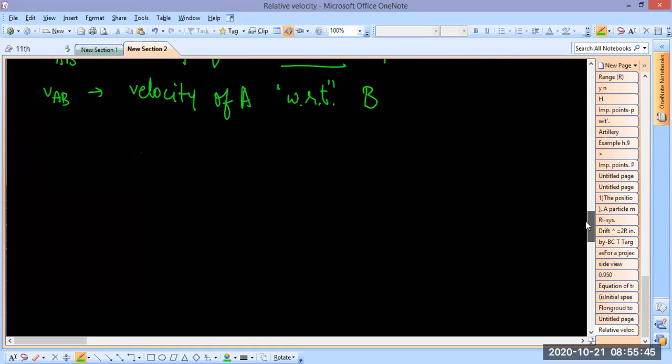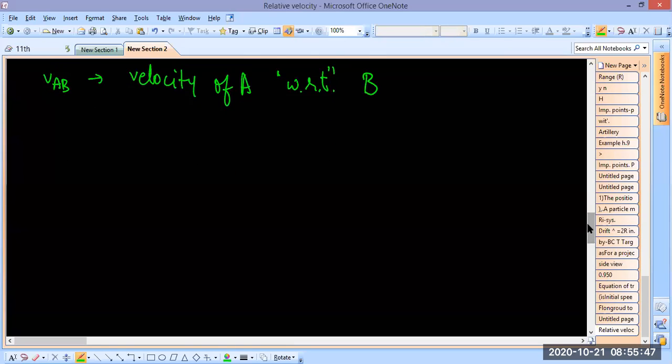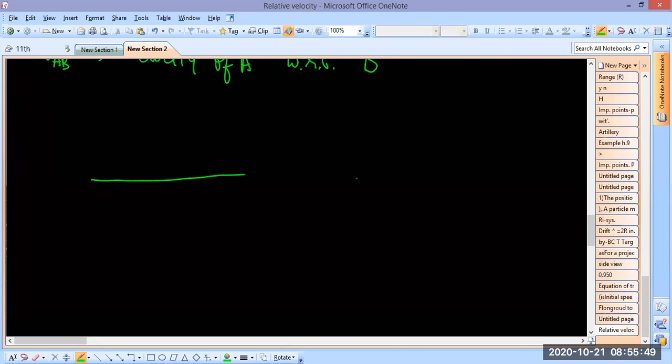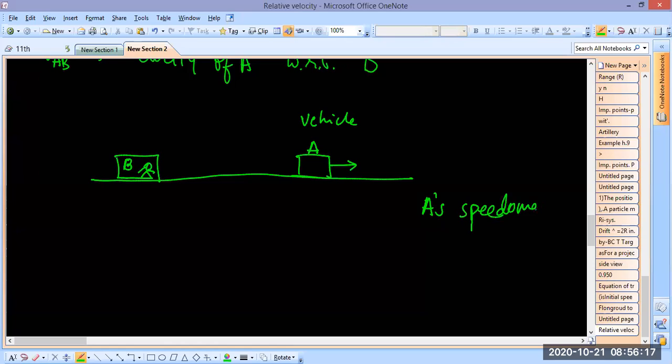Let's take the meaning out of this equation in the remaining 5 minutes. Have a look. Suppose you are on a straight highway, and this is you. Let's call you B, and this is another vehicle, let's call this vehicle itself A. I'm sure you have seen that every vehicle has a speedometer.